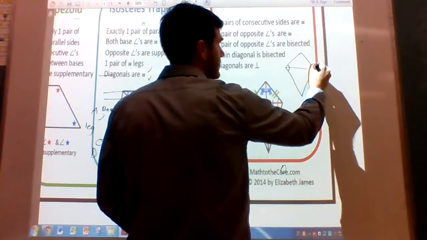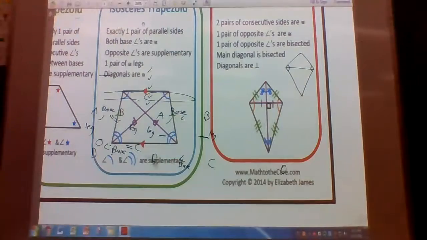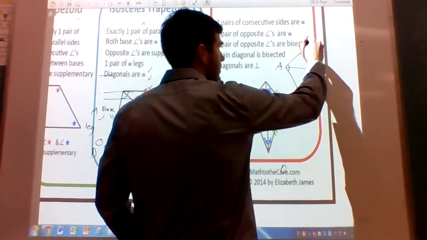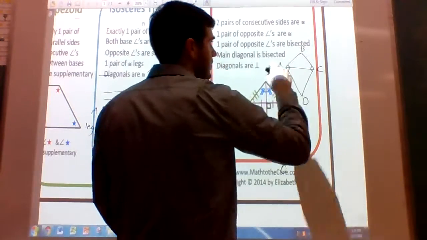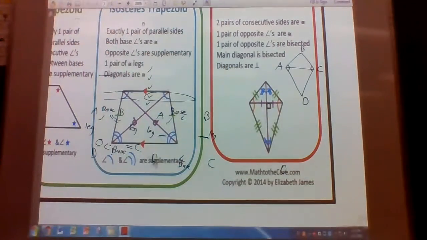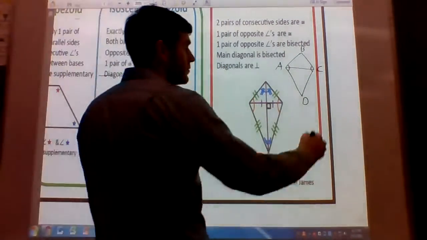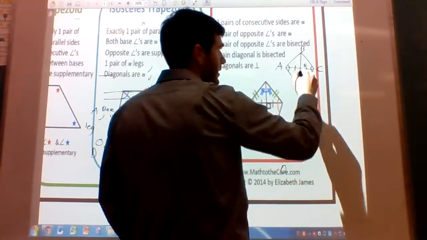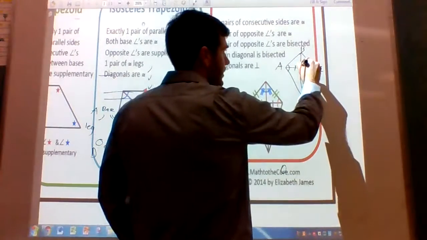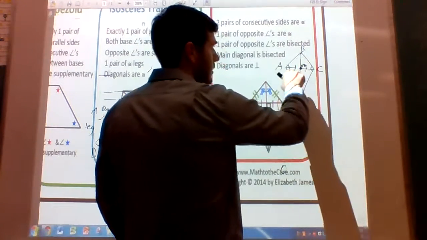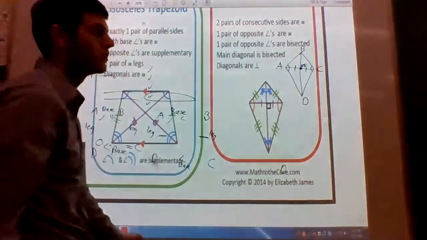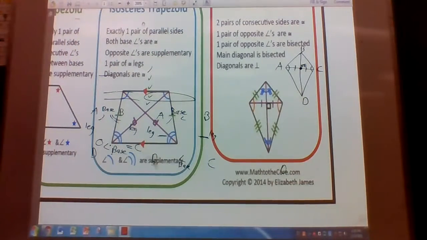So our main diagonal is going to be AC. So if we have A, B, C, D, we know that the main diagonal is bisected by the other diagonal. So we call this point E. We're bisecting AC, so AE is congruent to EC.